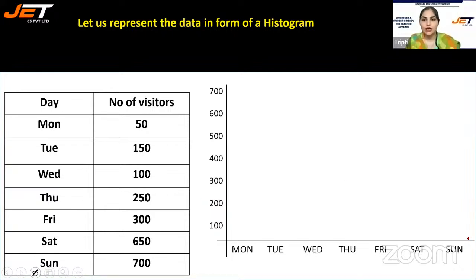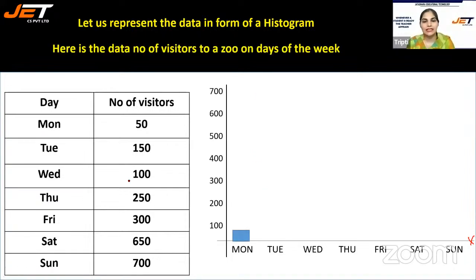Let's make it. On x-axis, we have written down the days, and then on y-axis, it's the number of visitors. So here on Monday, 50 visitors were there. So I'll mark it up to 50. So they visited zoo. Visitors to a zoo on days of week, 50 here.